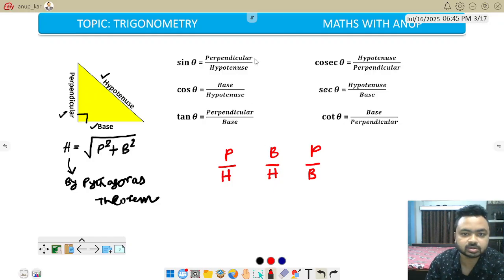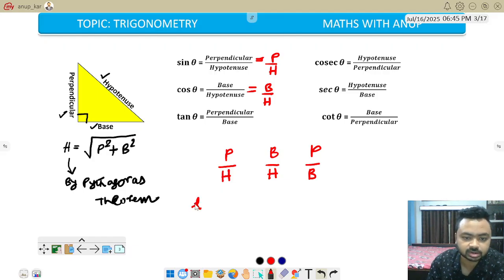So this one is P by H, this is sin theta, then cos theta is B by H.